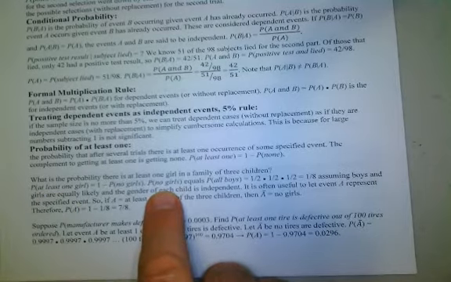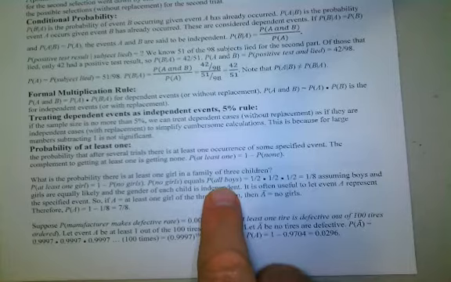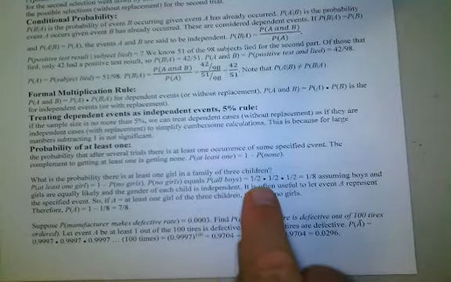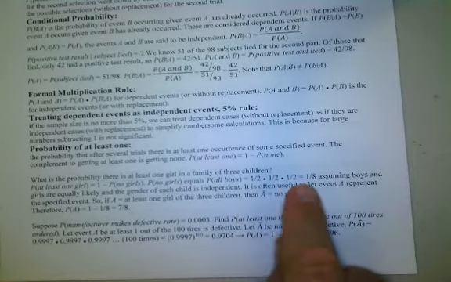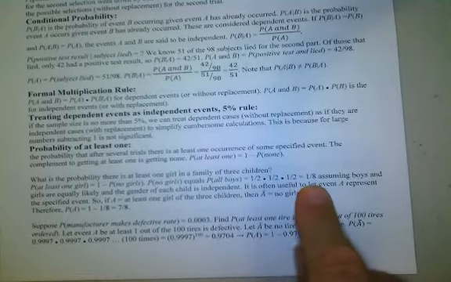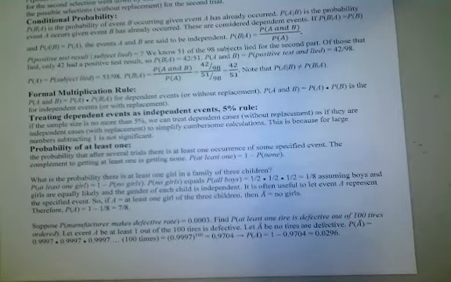The probability of having no girls is the same as having all boys. And the probability of all boys, since we're assuming it's 50-50 whether you have a boy or a girl, well, that's just 1/2 times 1/2 times 1/2, because all 3 are boys. So the chances of having all 3 boys is just 1 out of 8. Again, assuming that the gender is equally likely.